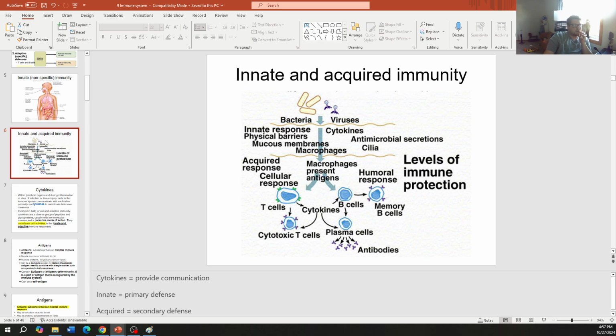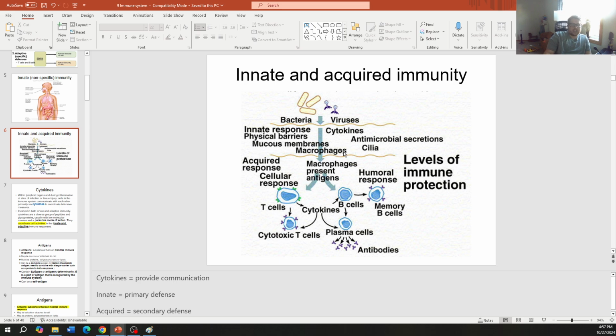Now, the levels of protection between these two, we always say that our innate response is our primary defense. You can think of it like if we have a castle and we have a moat around the castle.